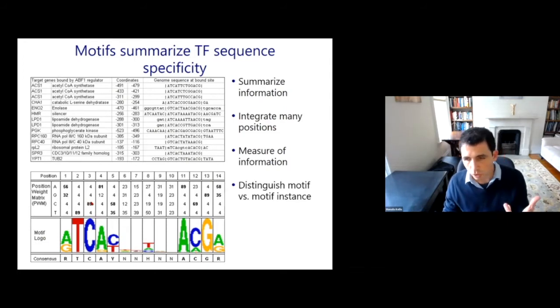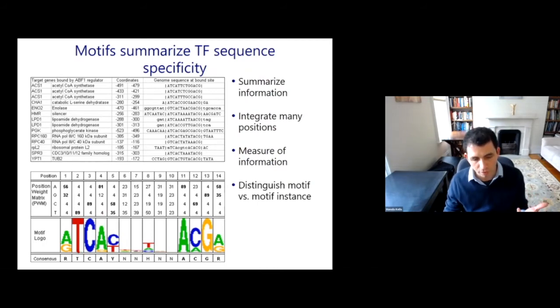So the question is, first of all, what is the height here? The height here is information content. It basically tells you the surprise level of finding this distribution of nucleotides at that position versus what you would have expected by chance, which is roughly 25% for each of the different nucleotides. So that is measured in bits of information.